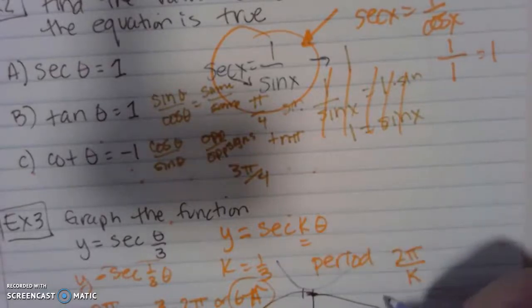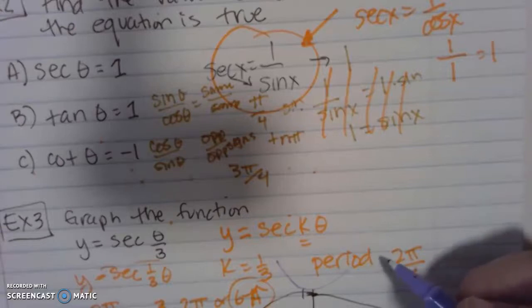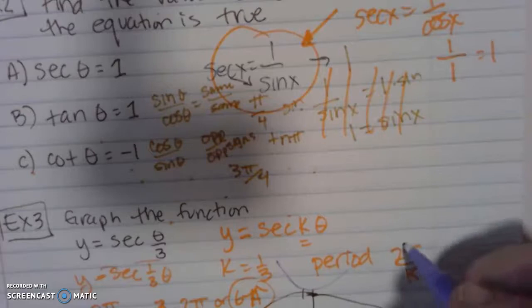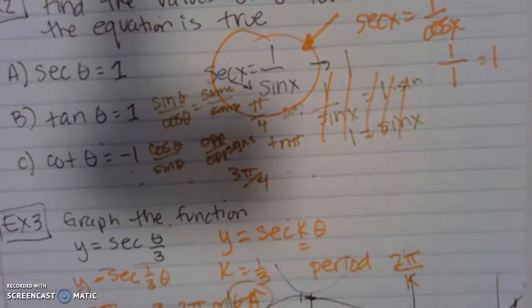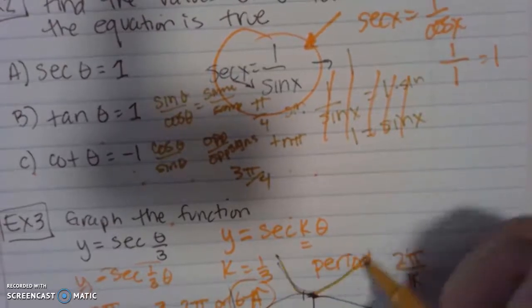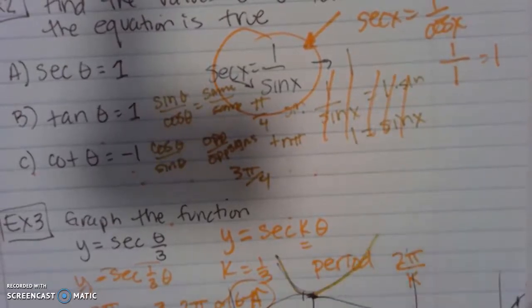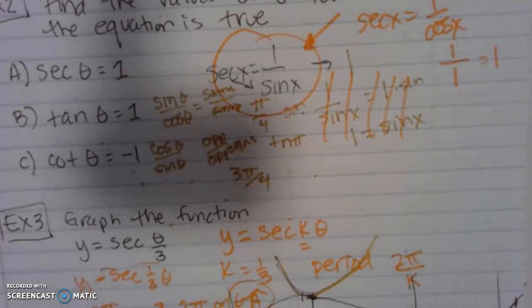We can put in our asymptotes. Our asymptotes are going to be where cosine is 0. So our cosine is 0, 0, 0. So when we go to graph it, we get this, we get this, and we get this down here too.